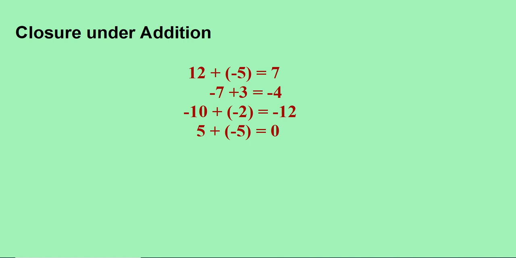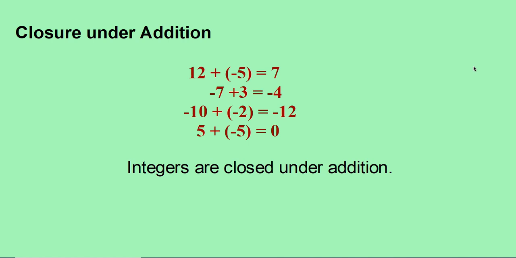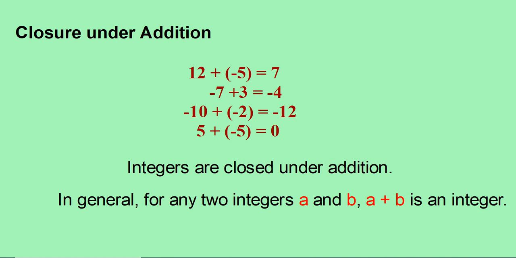So we can say integers are closed under addition. And in general, we can say for any two integers a and b, a plus b is an integer. That is closure property under addition.